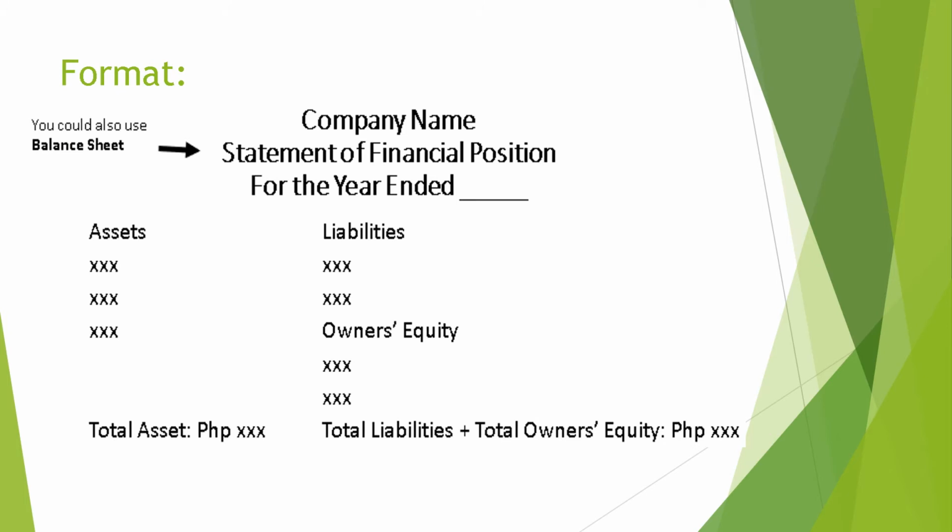This is the format for the statement of financial position. Don't forget the company name, the label of the financial statement that you are making, and of course, the date. Don't also forget the different components of the balance sheet. Now, the equation for the balance sheet is simply equal to the total asset is equal to the sum of the total liabilities and total owner's equity, and they should always be balanced.